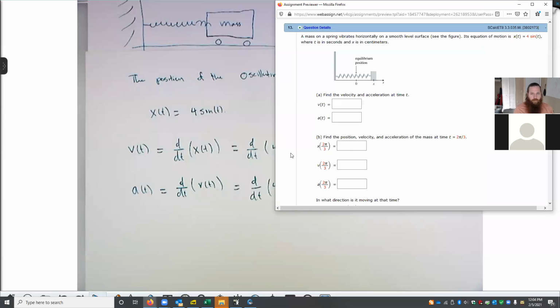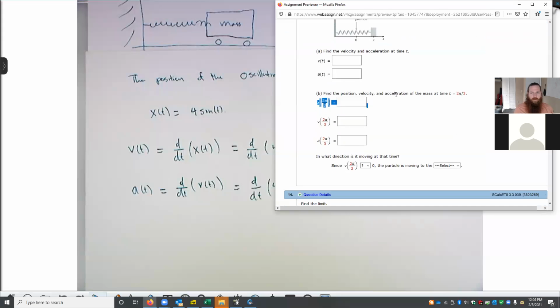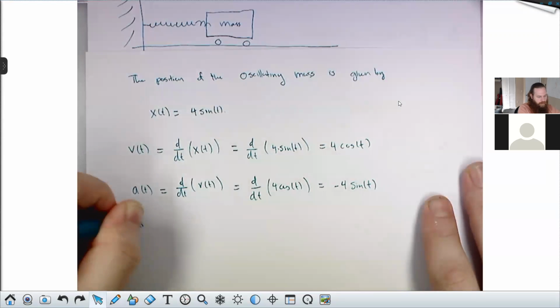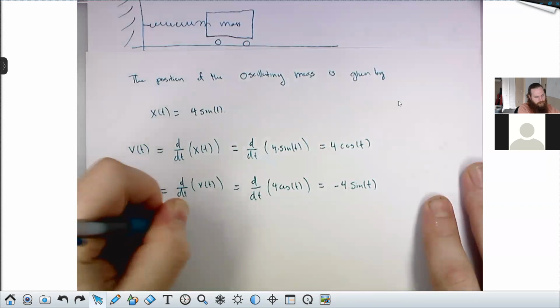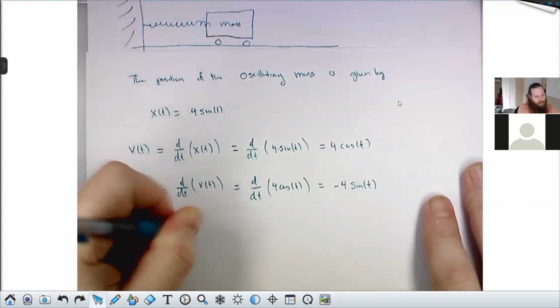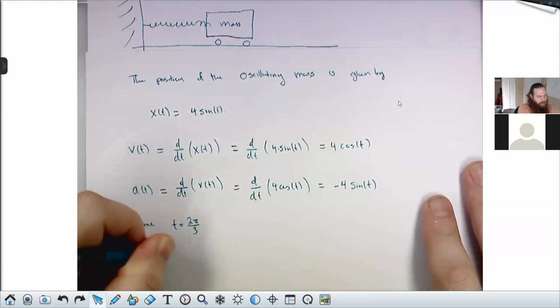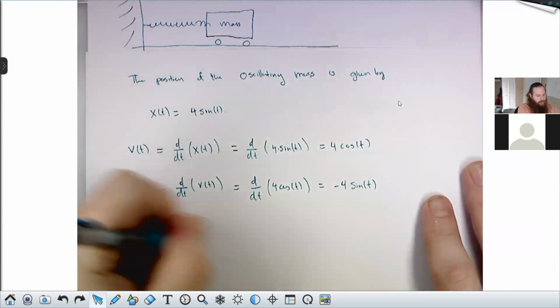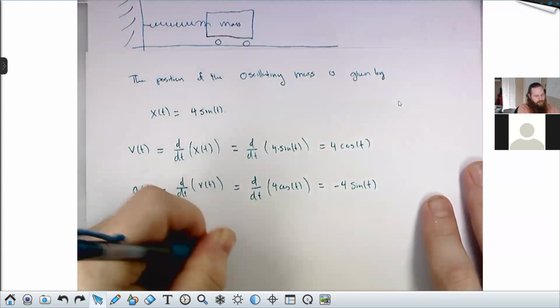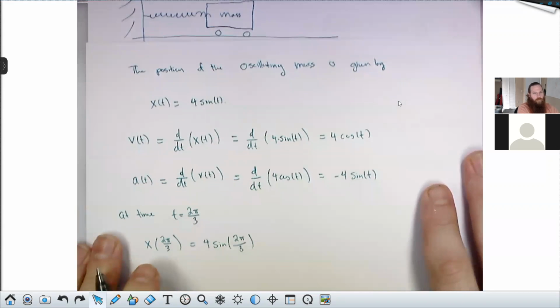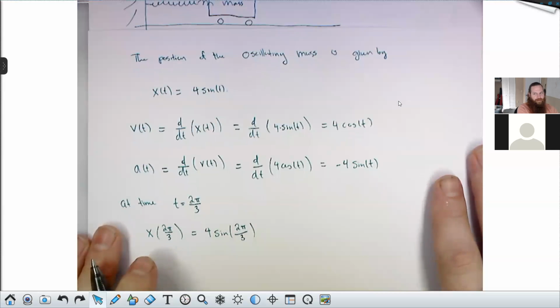Now they ask us to do a few things. Find the position, velocity, and acceleration at time 2 pi over 3. So at time t equals 2 pi over 3, this is just about knowing the unit circle. X of 2 pi over 3 is 4 times the sine of 2 pi over 3. What is the sine of 2 pi over 3?